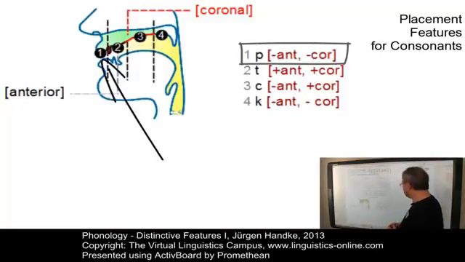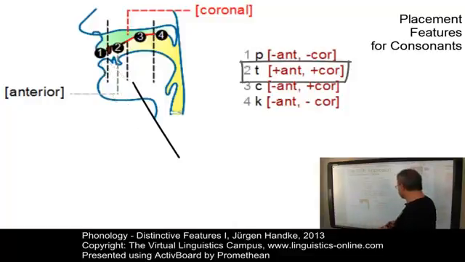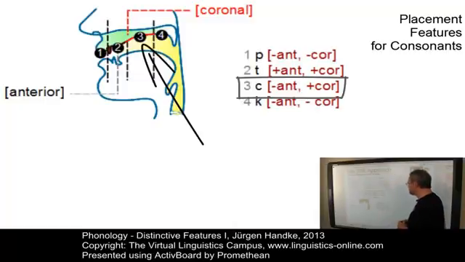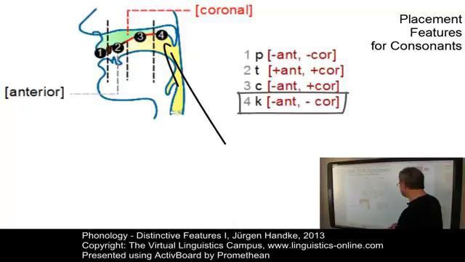P would be defined as minus anterior minus coronal. It's outside the coronal region. T is typically coronal and it is located in the anterior region. K, a palatal plosive, is minus anterior but still coronal. And K, a velar plosive, would be minus anterior and minus coronal.